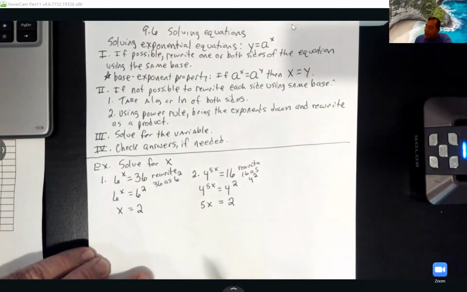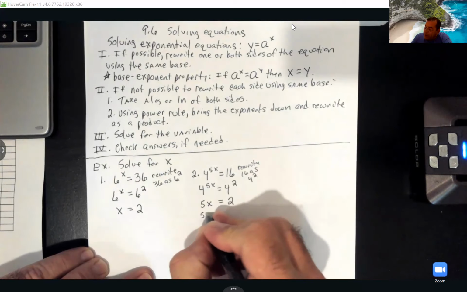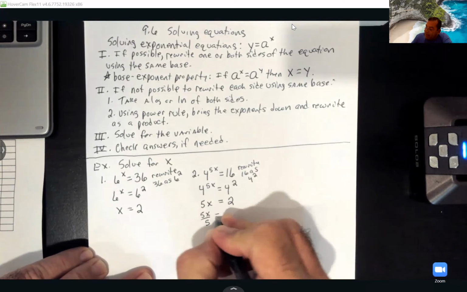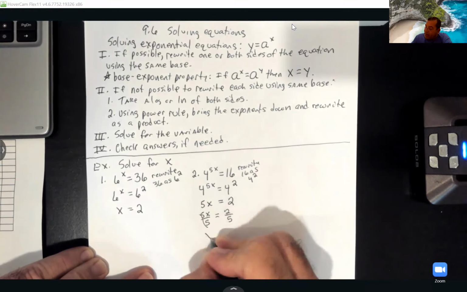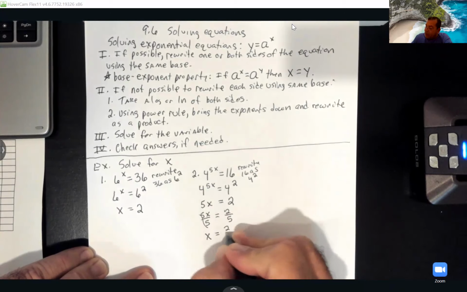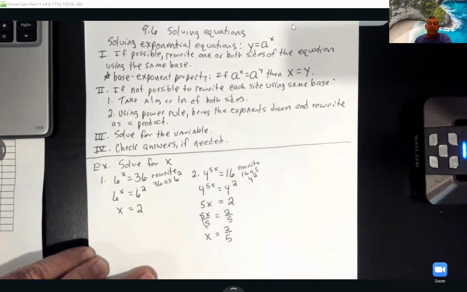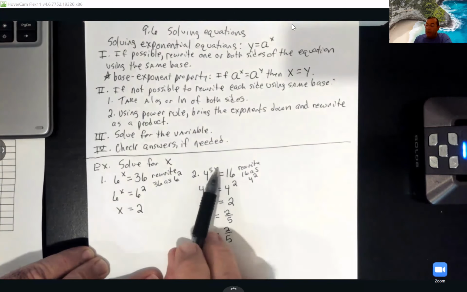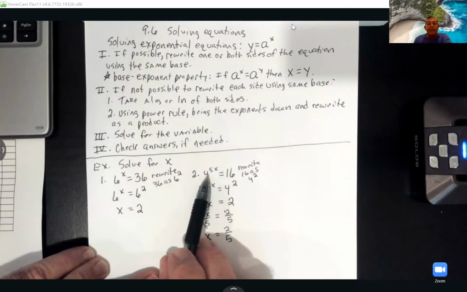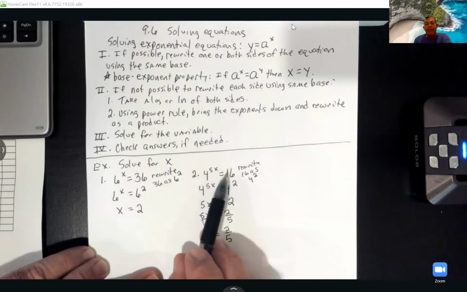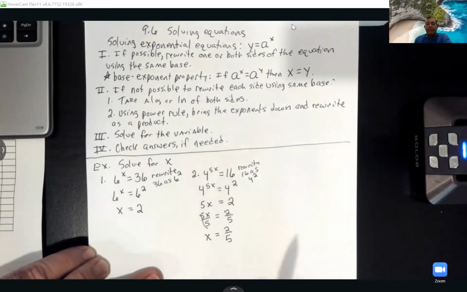So to make that a 1x over here, I will divide both sides by 5. So that cancels, giving me my x equals 2/5. So if you plug the 2/5 in here, the 5's cancel, and 4 squared is 16, and 16 equals 16.